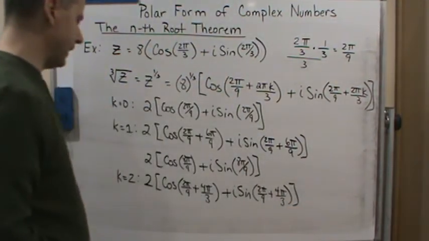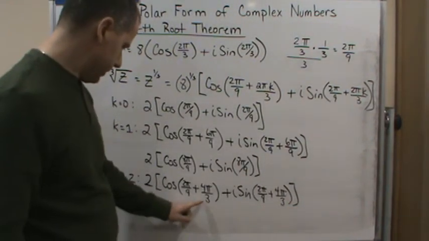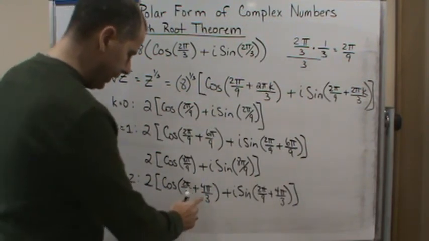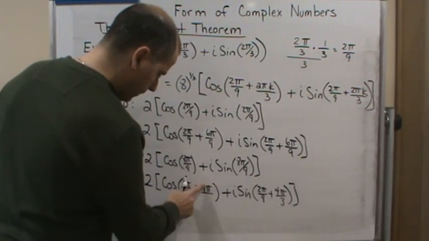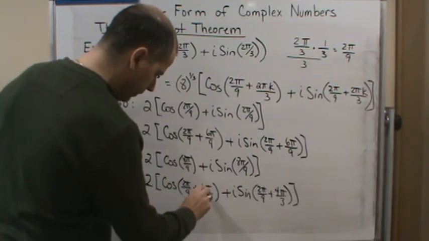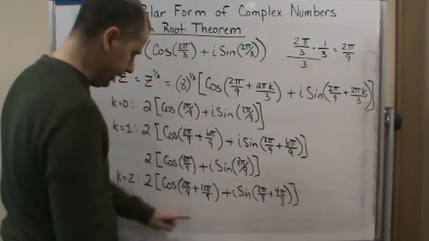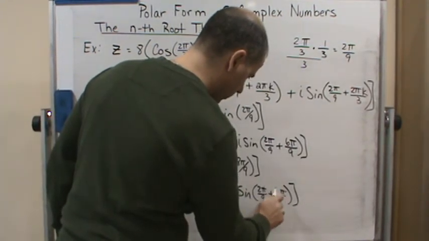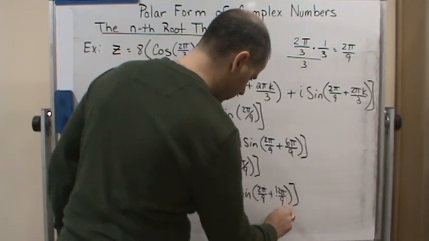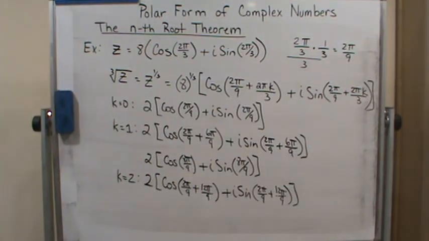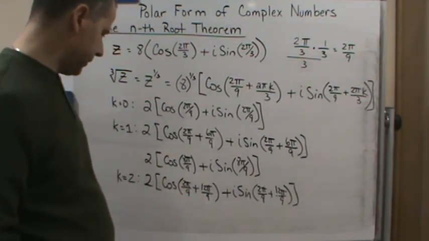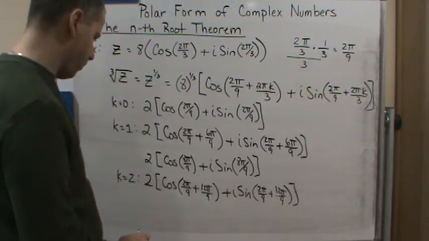And then of course, again, we want common denominator here, so we're going to multiply the top and the bottom by 3, and that's going to give us 12 pi over 9 here, and of course then 12 pi over 9 here. Okay, and so when we add these together we get 14 pi over 9.